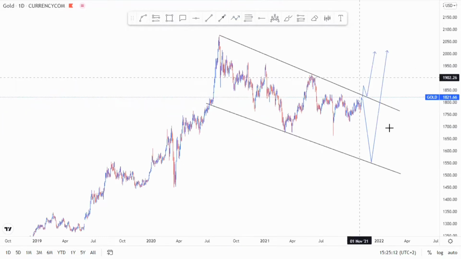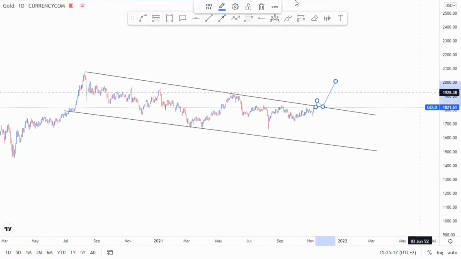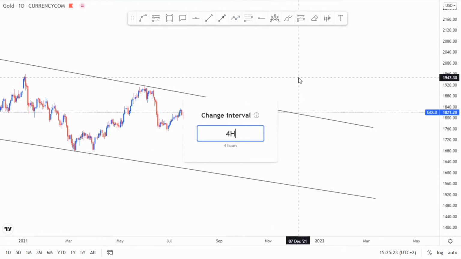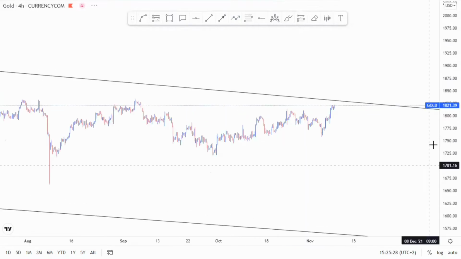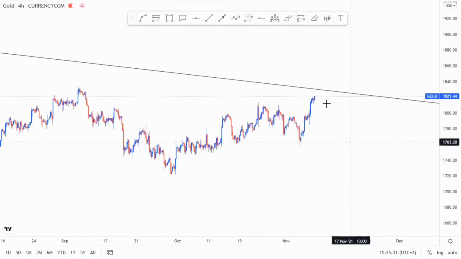So now let's dive into the 4-hour time frame. And on the 4-hour time frame, I will be looking for a possible reversal.